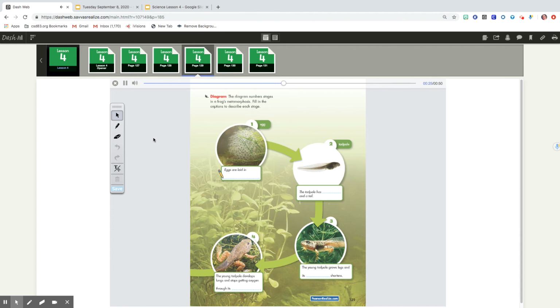The young tadpole grows legs and its blank shortens. 4. The young tadpole develops lungs and stops getting oxygen through its blank. 5. Adult. Bullfrog. The adult frog looks blank than it does in its tadpole stage.